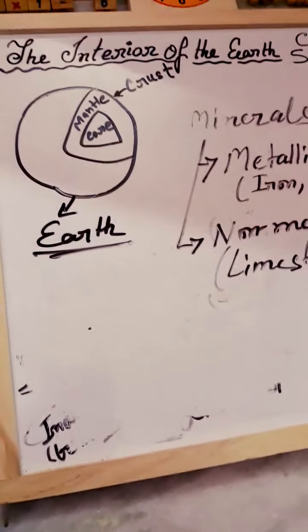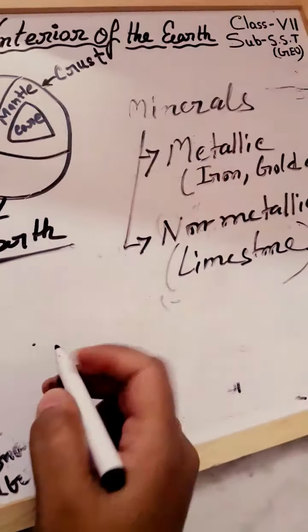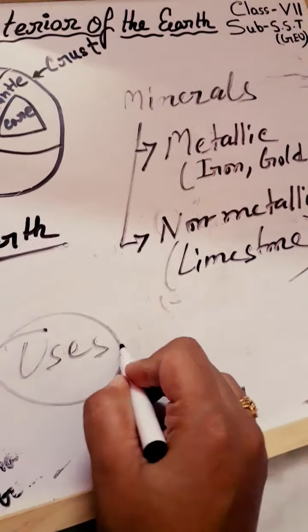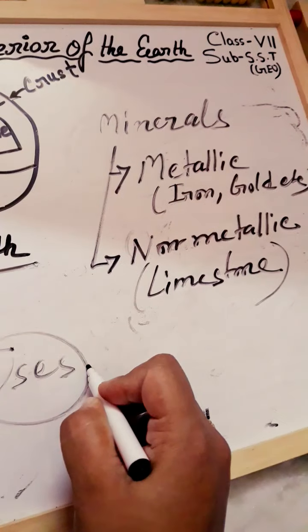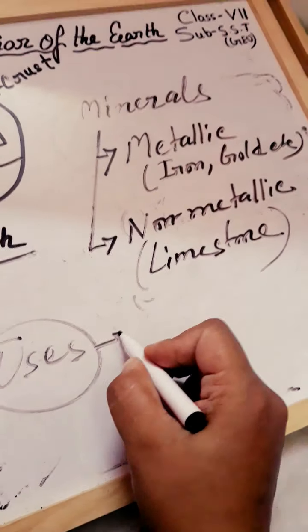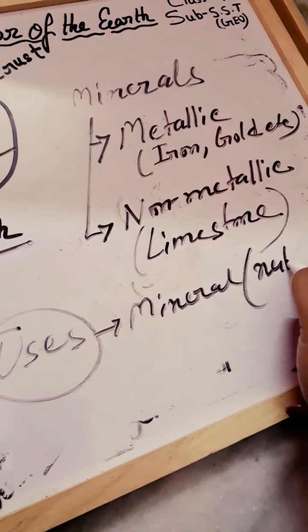Now we have to discuss some uses of rocks and minerals. We have to read it. What are the uses? The minerals in the soil provide nutrients that plants need.